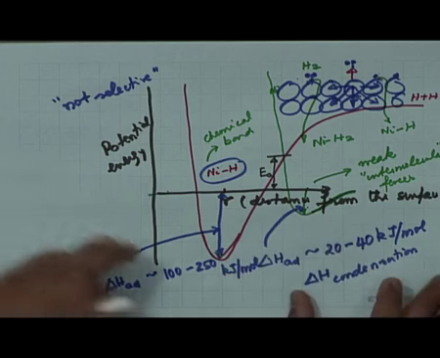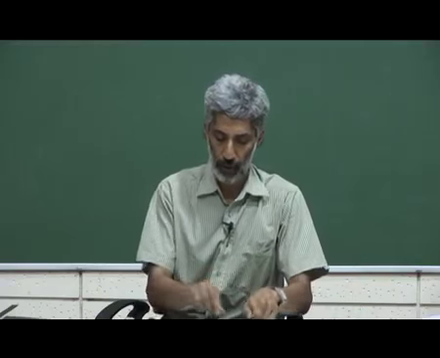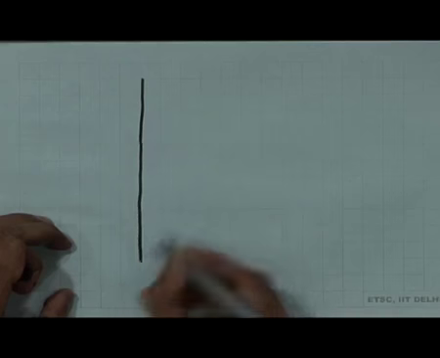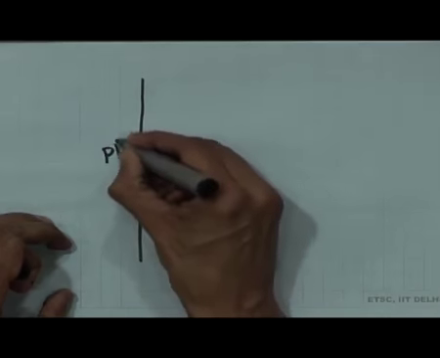Let us do this once again, because I think this figure has become a little bit too busy. I will redraw this and just illustrate what are the important points. So, we have energy on this axis, potential energy.